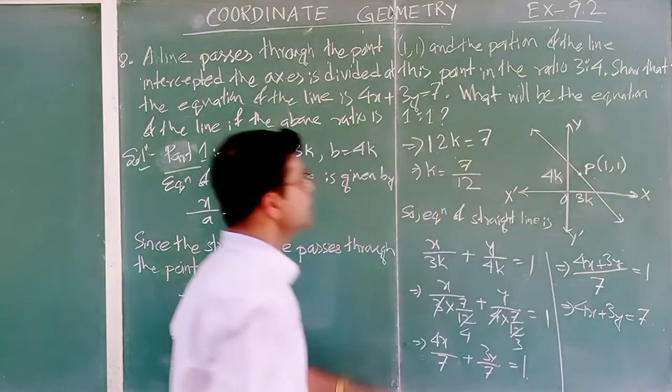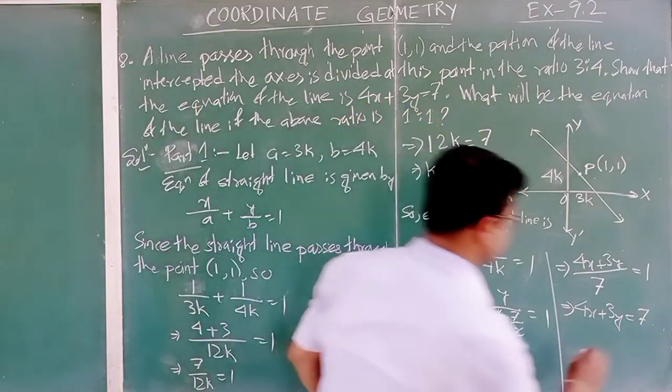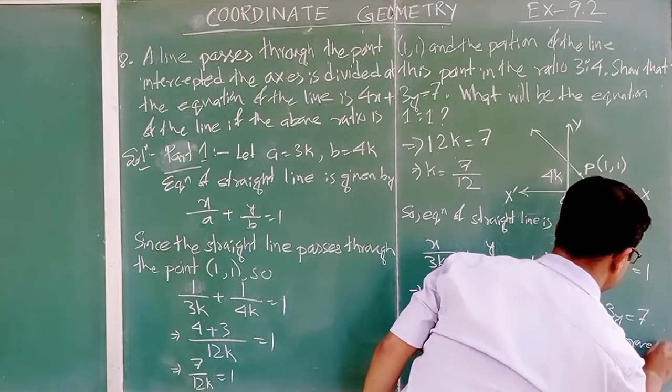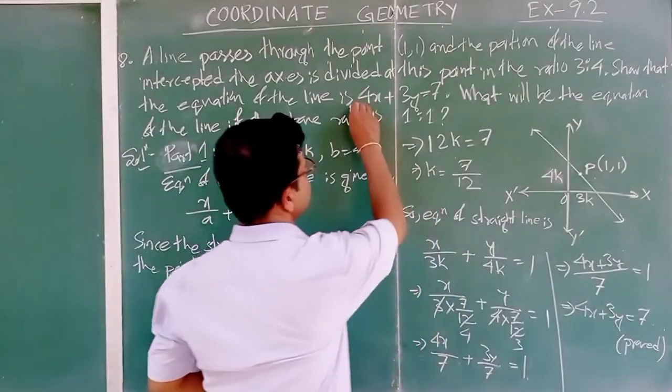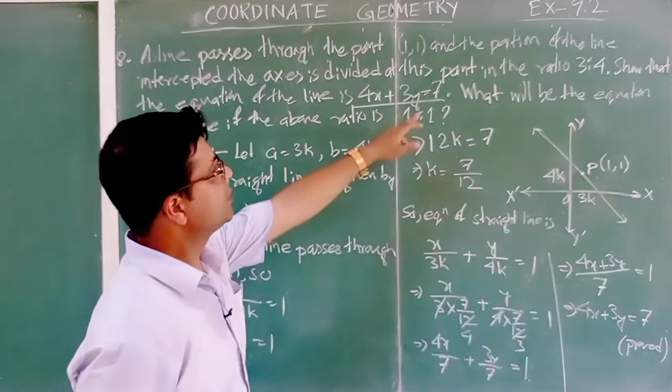This is the equation of the straight line. This one we have proved. Now this part is left.